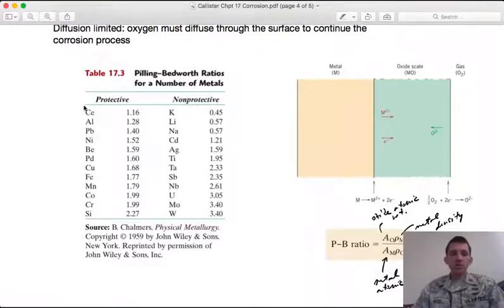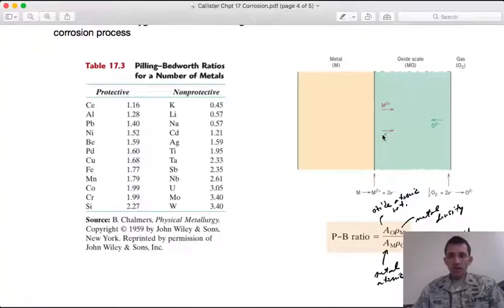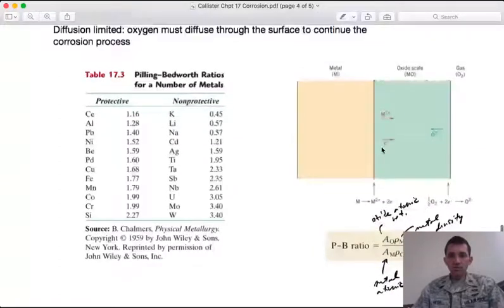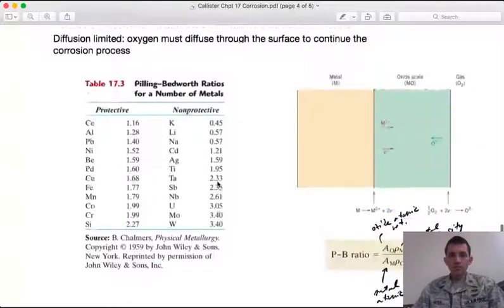And so if we look at metals that we know to have passivating layers, and we look at the Pilling-Bedworth ratio, we see that it is somewhere between 1 and 2. And metals that we know from experience to be non-protective generally have a Pilling-Bedworth ratio that is either greater than 2, meaning there's a big mismatch in the oxide atomic density, or it's much less than 1.